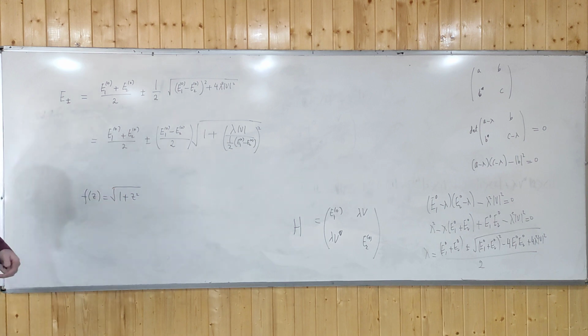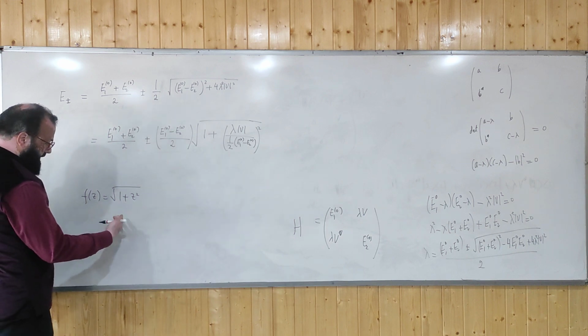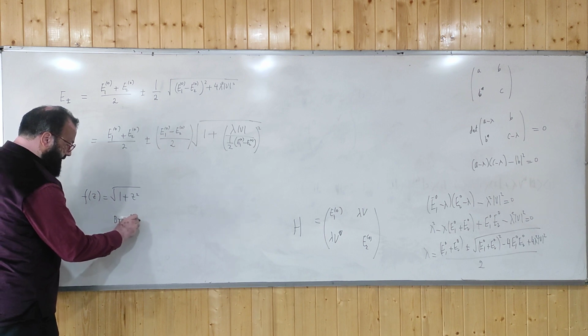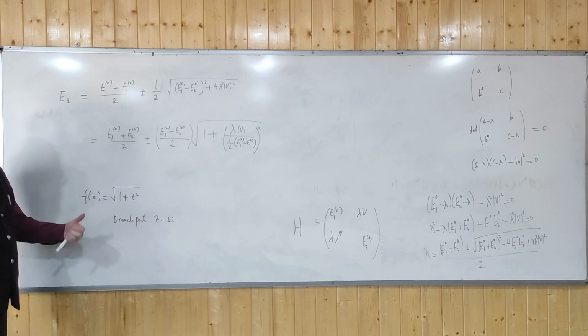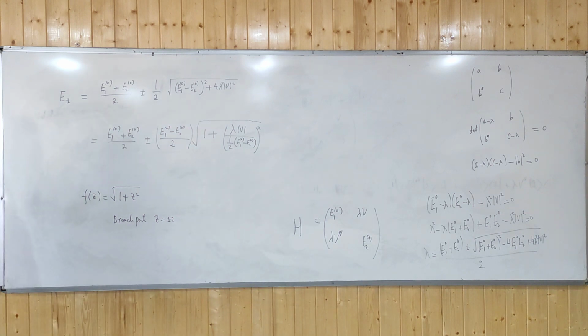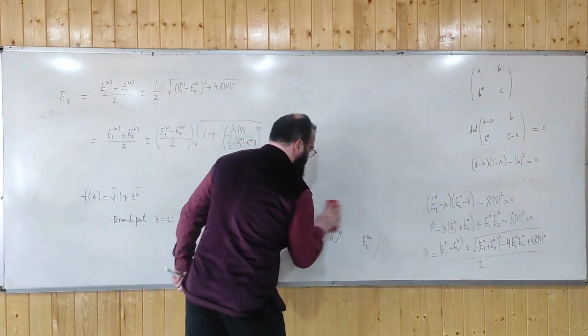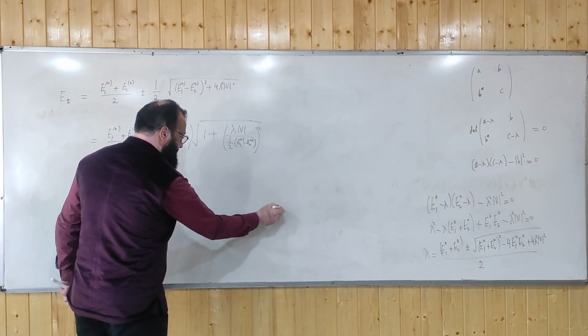Clear? For that matter, if you look at this function, it has branch points. Where are these? At plus minus i, where the function goes to 0. Clear? Let's plot it.